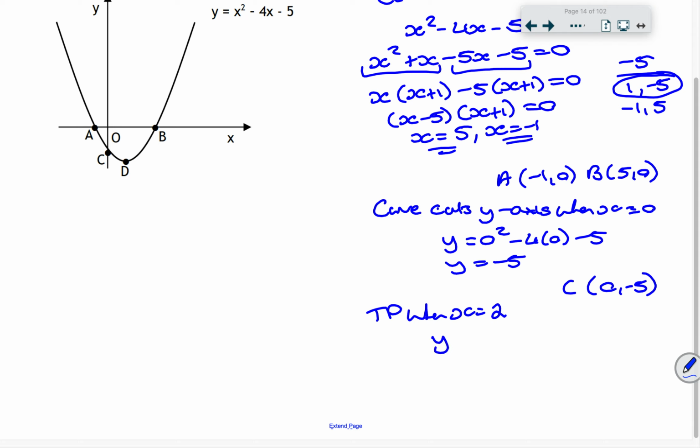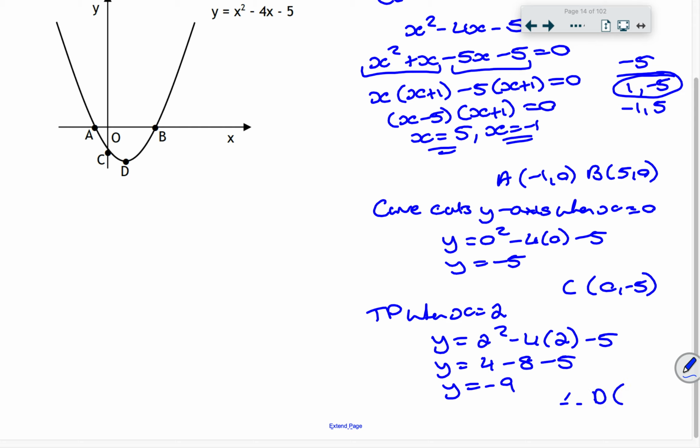So we get y is equal to 2 squared minus 4 times 2 minus 5. So that's going to be 4 minus 8 minus 5. So y has to be minus 9. So therefore, D is the point 2 minus 9.